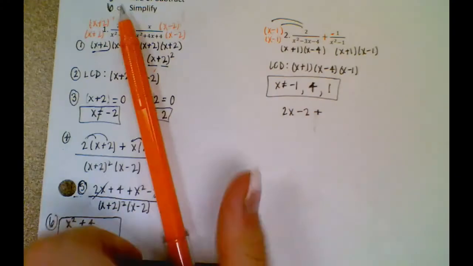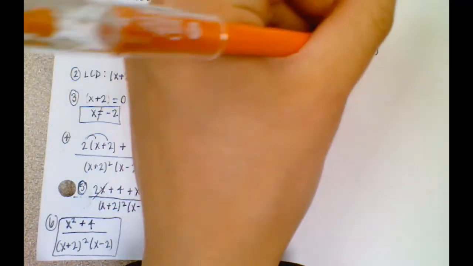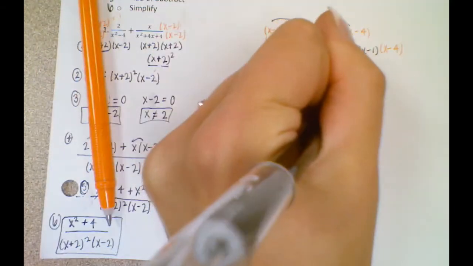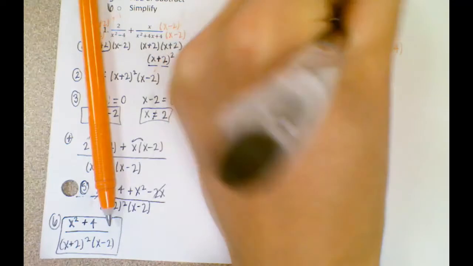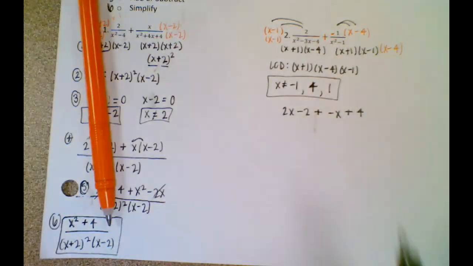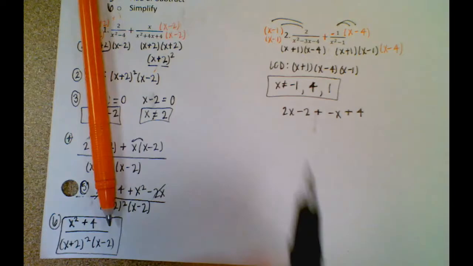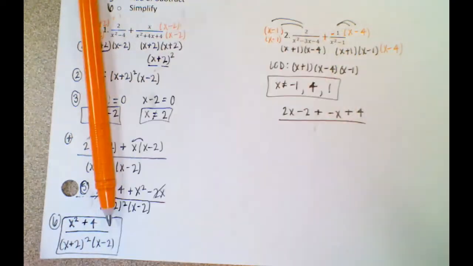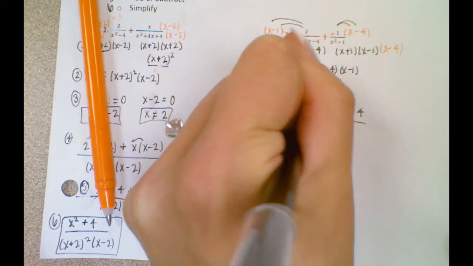Plus, and then this becomes, I have an x plus 1, x minus 1. I need the x minus 4. So this becomes negative 1x plus 4. That's a way for me not to forget about that negative sign, so that's why I do it like that. All over, and now that these have the same denominators, that's why I'm able to combine the numerators together.